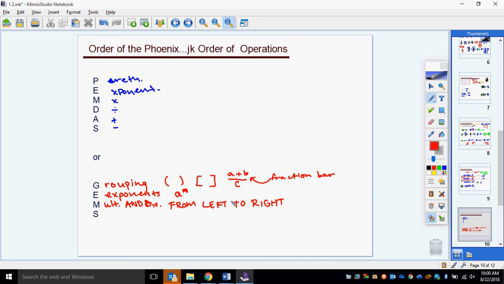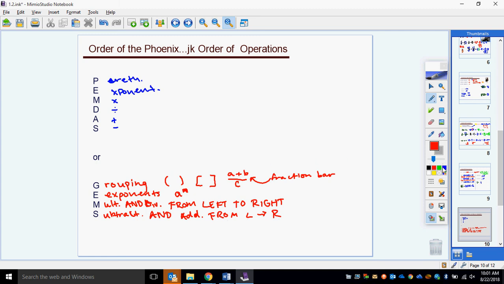It's whatever number is farthest to the left, like reading a book. And then the last one, S, it does stand for subtraction, but it also means addition. So subtraction and addition, again, from left to right.